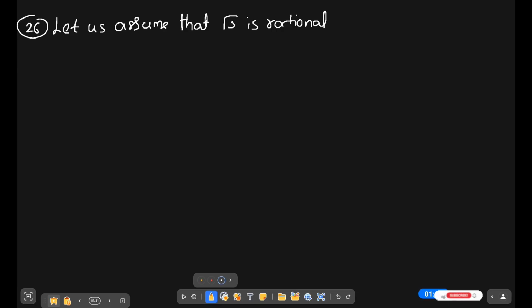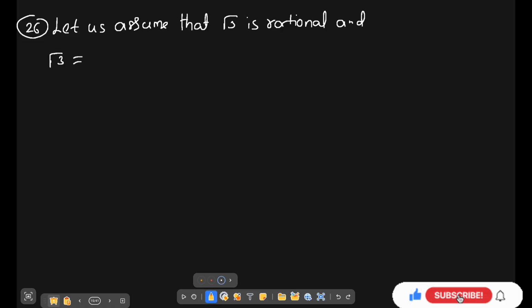Root 3 is rational and it is equal to a by b, where a and b are co-prime numbers.